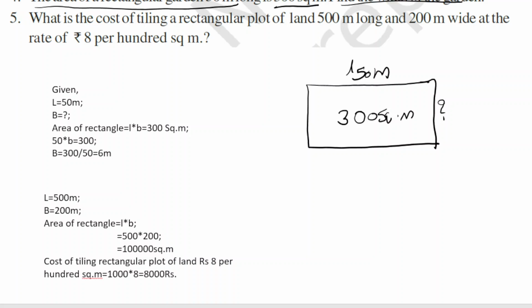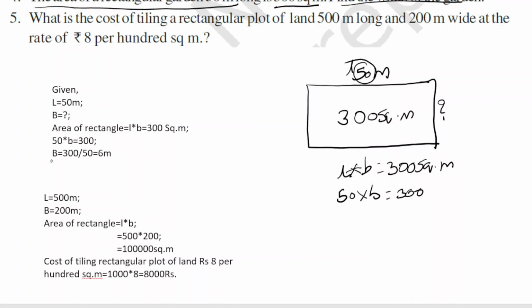Children, you know that area of the rectangle is length into breadth. Here length into breadth is given as 300 square meters, and here the length is given as 50 meters. So 50 into b equal to 300.